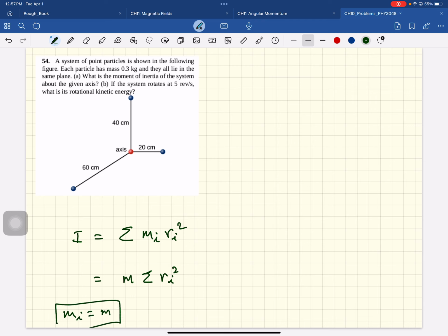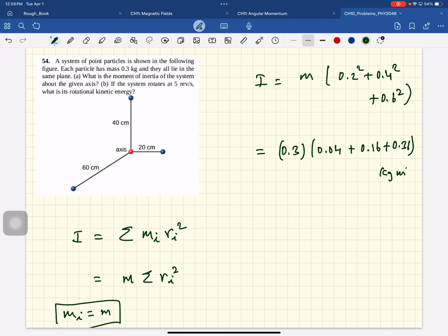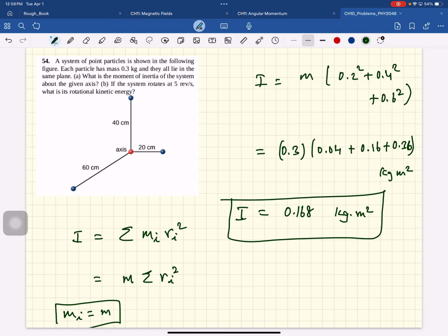So the moment of inertia is M times ri squared: 0.2 meters squared plus 0.4 squared plus 0.6 squared. That's the moment of inertia.